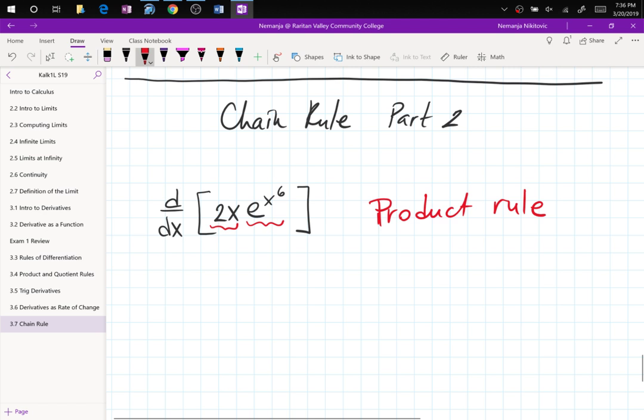Yeah, my English stopped working. So I should say chain rule within product rule. Chain rule within product rule. Product rule is the boss. So this problem here is chain rule within product rule. So product rule is the boss. Good.